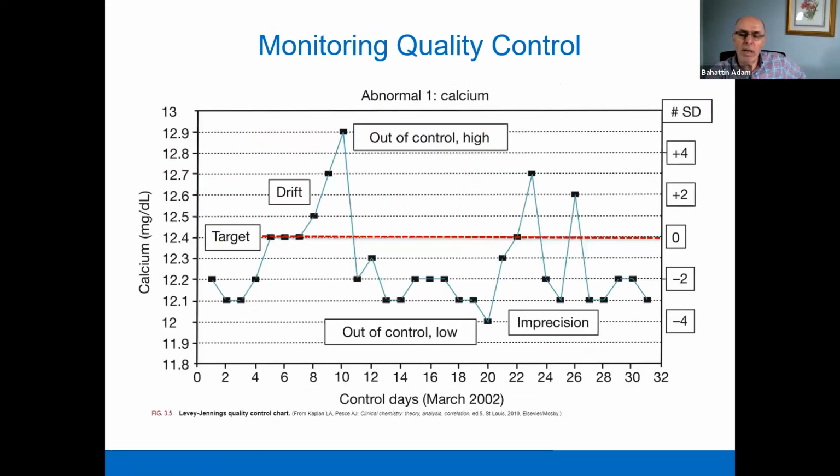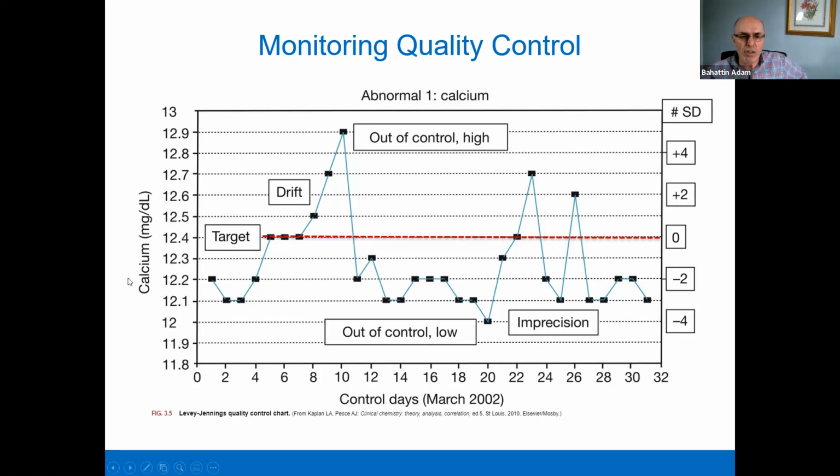Okay, now here you see a Levey-Jennings chart only for calcium. As I said, if you have 100 tests in your labs, to monitor the quality of the tests, you have to use such charts, either electronically or manually.